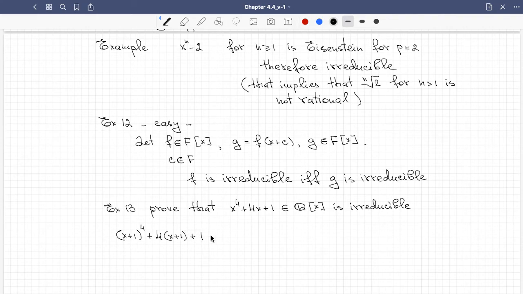You multiply everything out to find that this is x to the 4 plus 4x cubed plus 6x squared plus 8x plus 6.